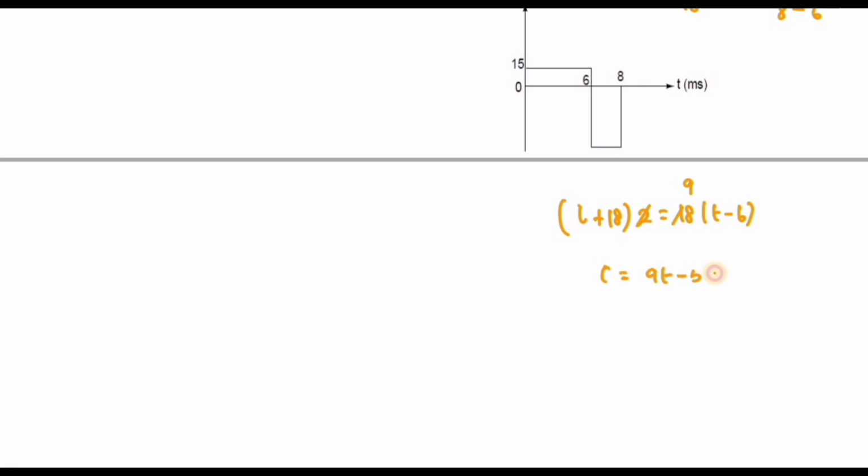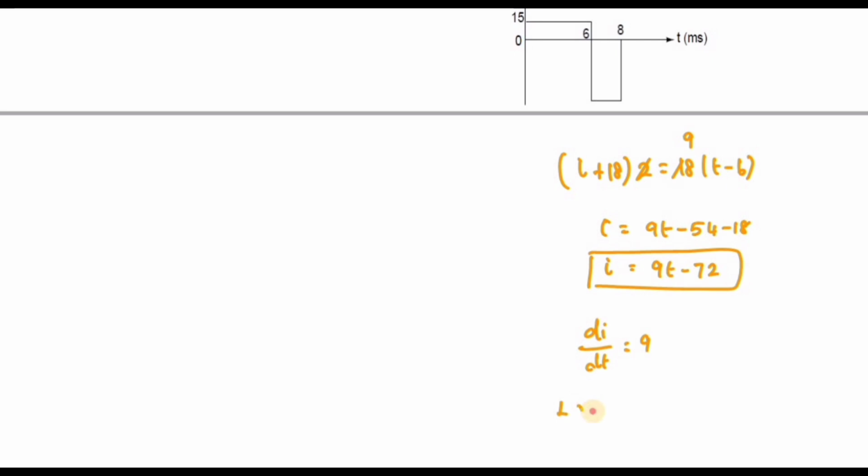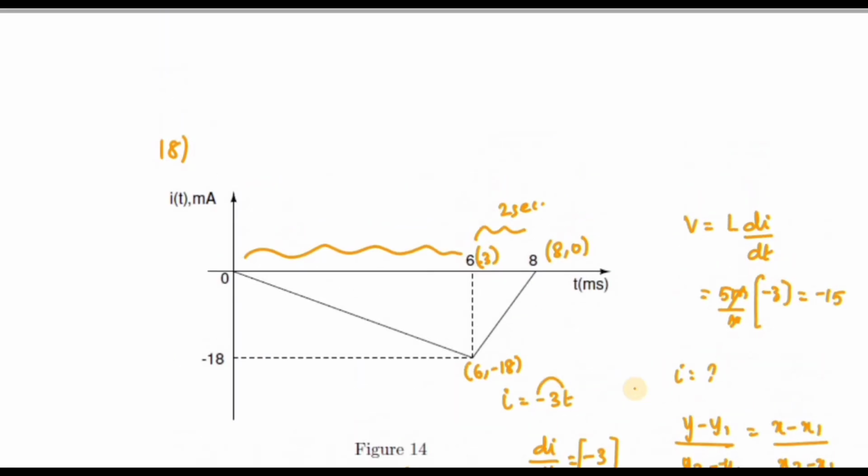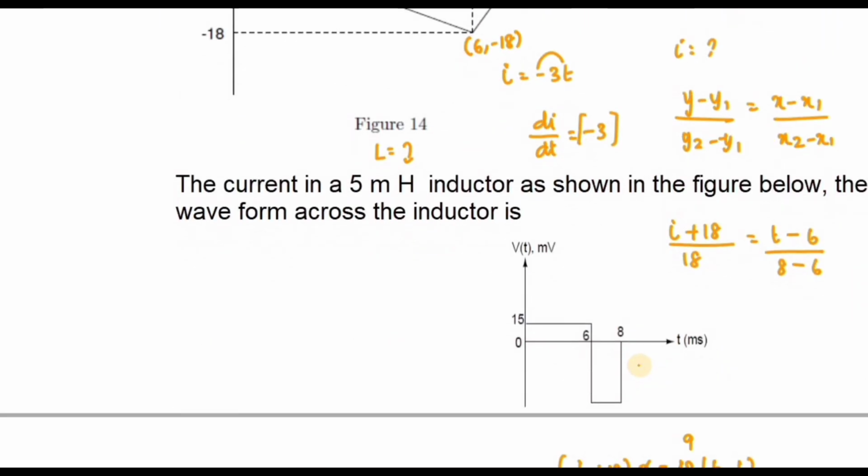So 2I plus 36 is equal to 18t minus 108. So I is equal to 9t minus 54 minus 18. So I is equal to 9t minus 72. So if we differentiate, you will get dI by dt is equal to 9. So the answer here is 45 if you multiply with L. So my signal will look like this.